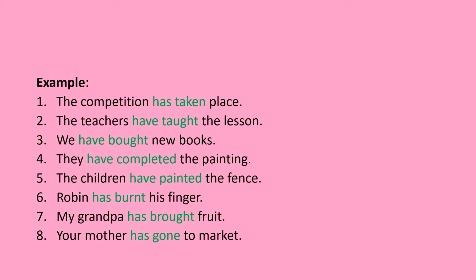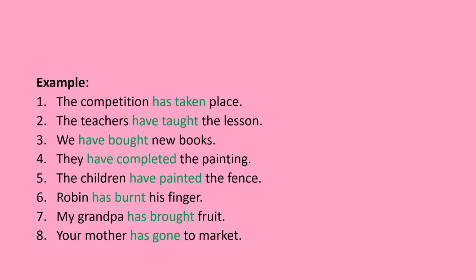Here the teachers are plural, so we will use have, not has. So we will use have plus the third form of teach. The third form of teach is taught. In the third sentence, we have bought new books. We is plural, so we will use have plus the third form of buy, that is bought.